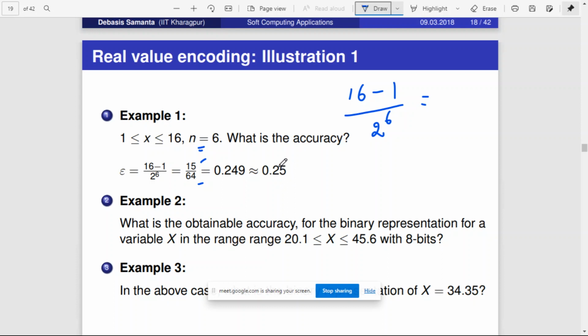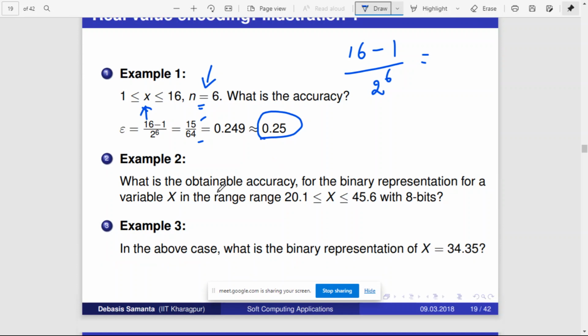So if you use 6 bits to represent this real value, then its obtainable accuracy is 0.25. Okay, that is, if you use only 6 bits to represent this real value x in binary form, then its accuracy will be 0.25.